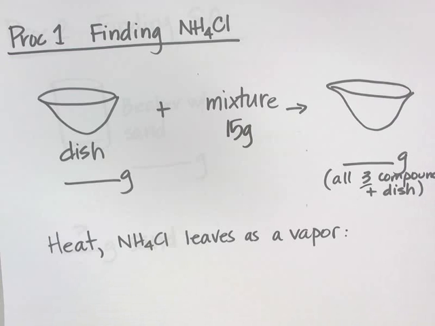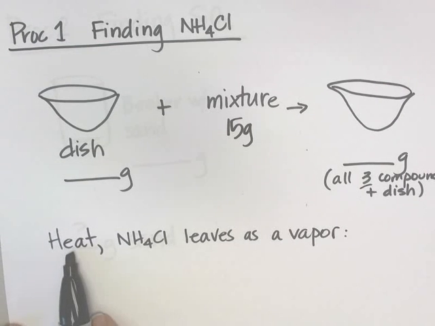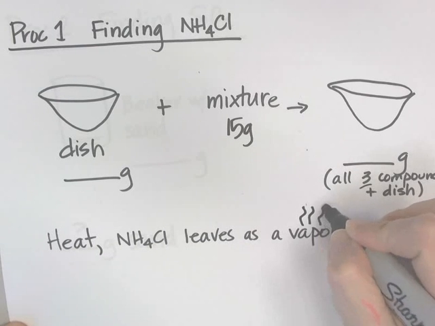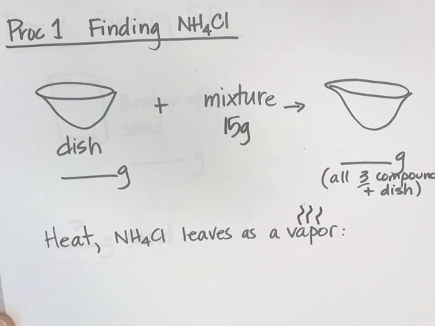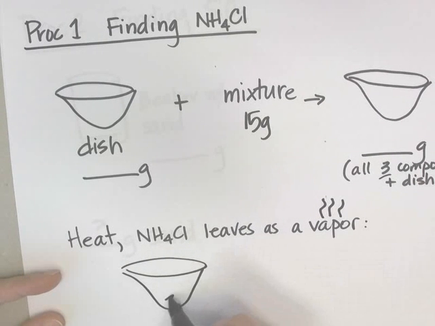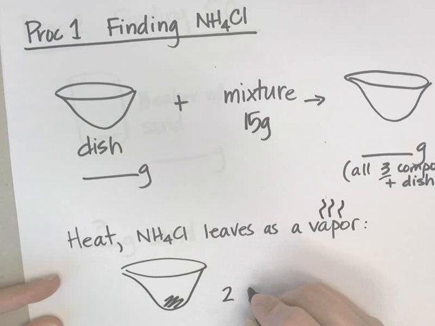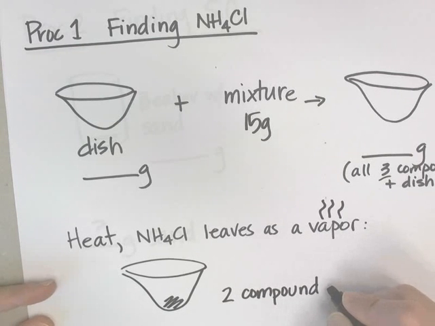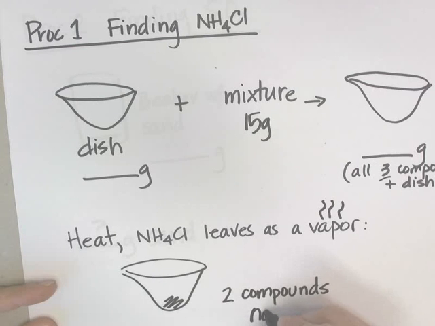So all 3 compounds are present. In the first procedure, you're heating, and actually the ammonium chloride is going to leave. It's going to sublime, so it leaves as a vapor, and what that leaves you with is an evaporating dish that now only has 2 compounds because the ammonium chloride has left.